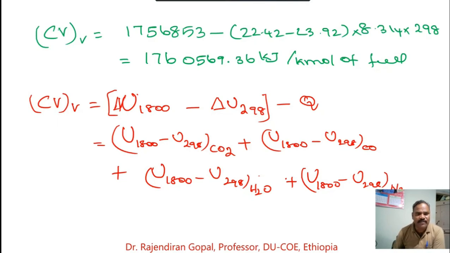How many moles of each? 2 moles of CO2, 1 mole of CO, 4 moles of H2O, 16.92 moles of N2.